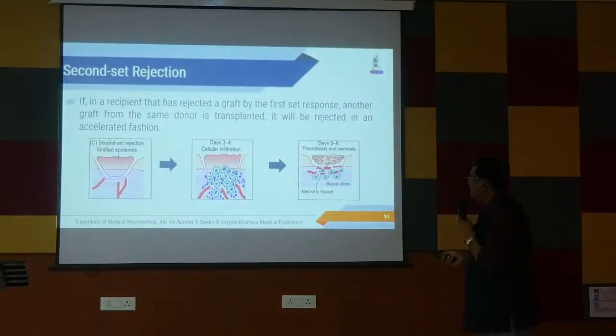The second set: quick vascularization followed by cellular infiltration within day 3 to 4, and by day 5 to 6 there is thrombosis or necrosis and rejection.